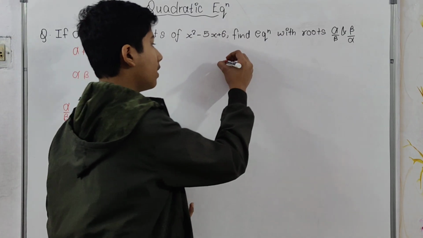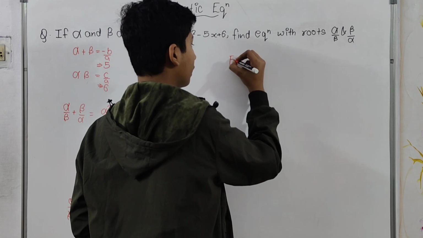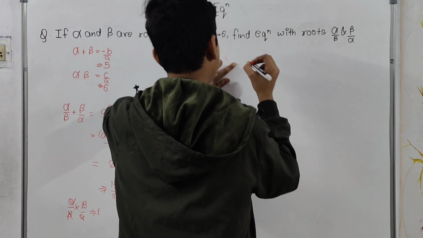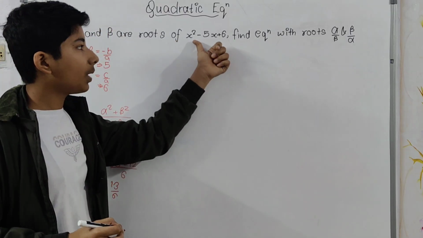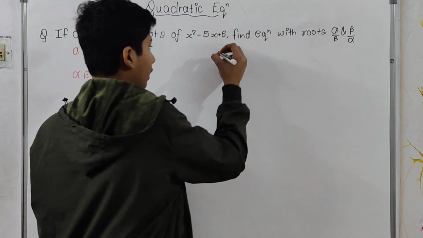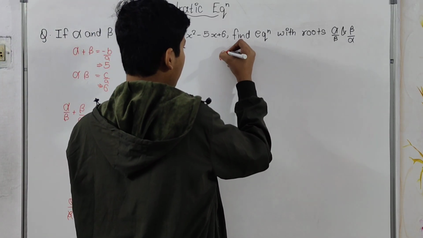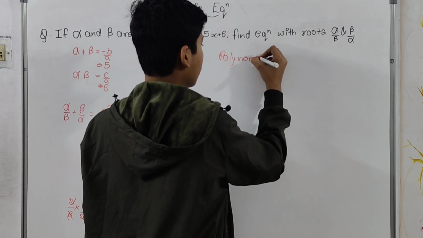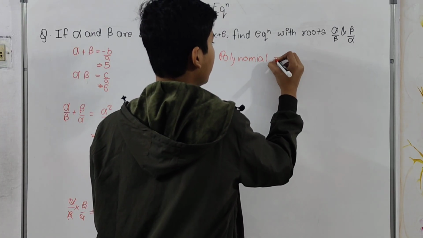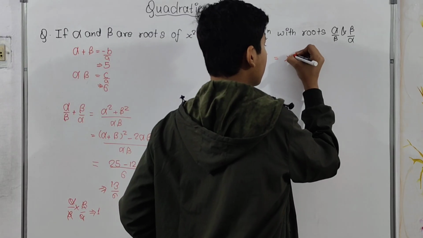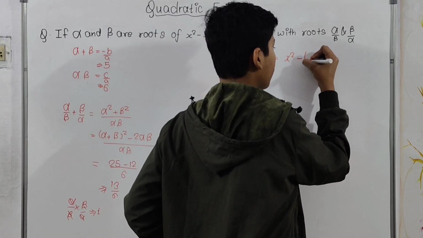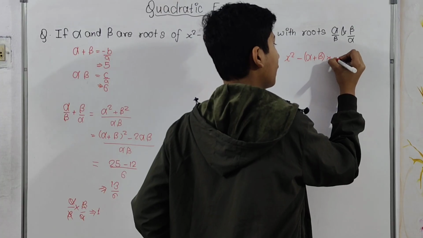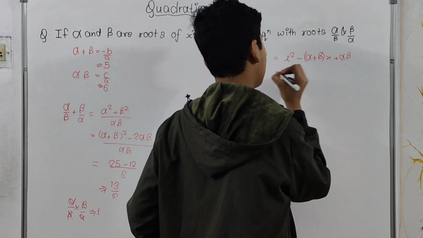So the equation, polynomial, because x square minus 5x plus 6 is a polynomial. So the polynomial will be x square minus (alpha plus beta) into x plus alpha beta.